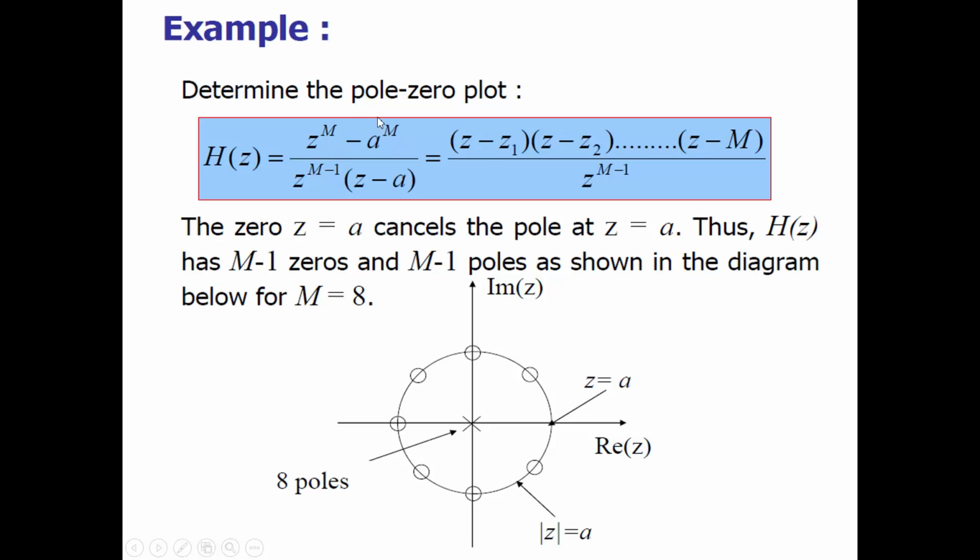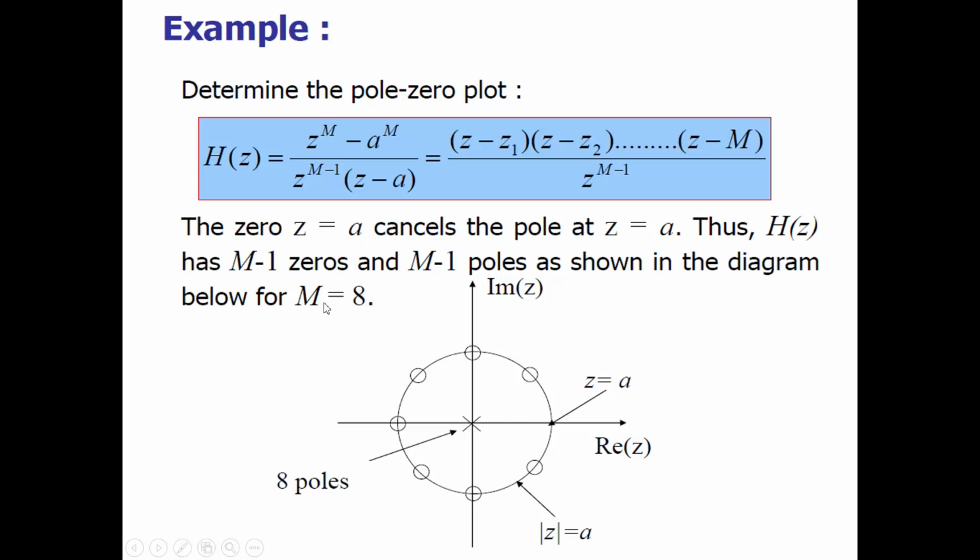If you factorize the numerator, you will have this kind of equation, z minus 1 and so on up to z minus the Mth root, and in the denominator you will see z to the power capital M minus 1, because the z minus a will cancel with the zero at z equal to a. The zero at z equal to a cancels the pole at z equal to a.